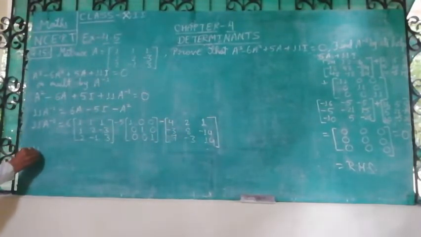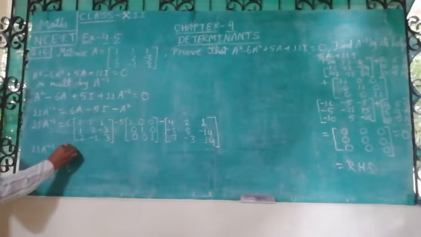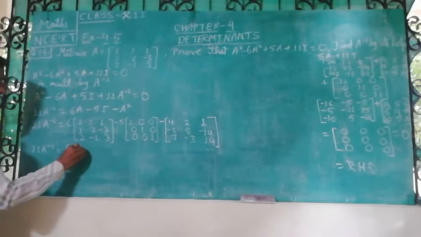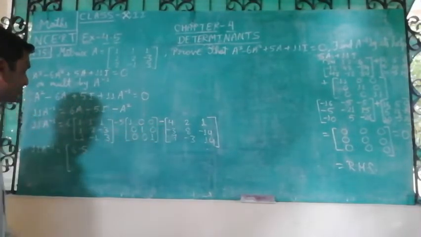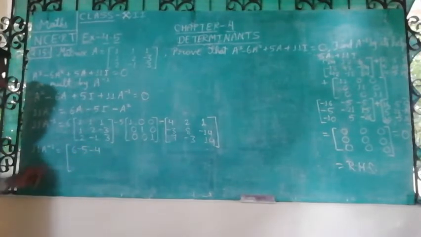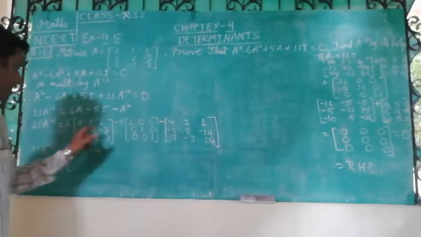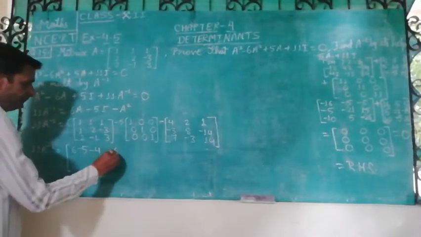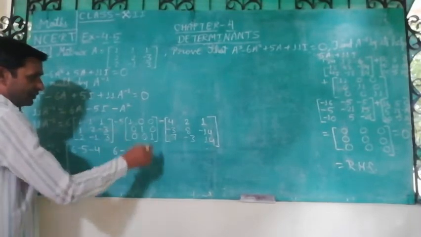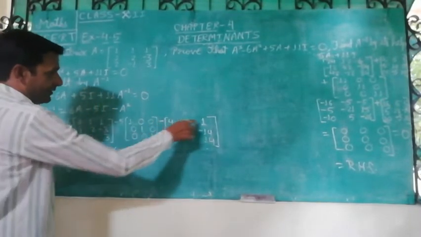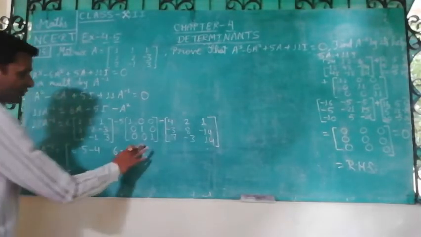11A inverse is equal to 6 minus 5 minus 4. See, 6 ones are 6, minus 5, minus 4. Now 6 minus 0, 5 into 0 is 0, and then minus 1, sorry, minus 2.